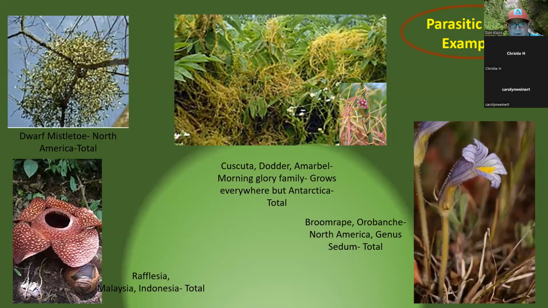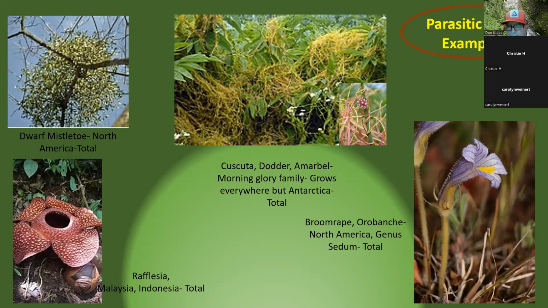In the center here, you have cuscuta, which is most commonly known as dodder, and in some places known as amarbel, and it is a member of the morning glory family. It grows everywhere around the world except Antarctica. I've put there what the long stringy plant part looks like, and then what the flower looks like in an inset there on the lower right.